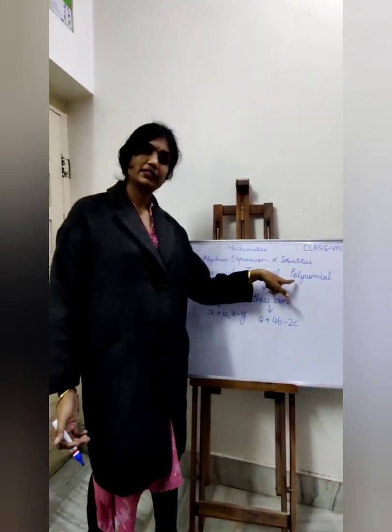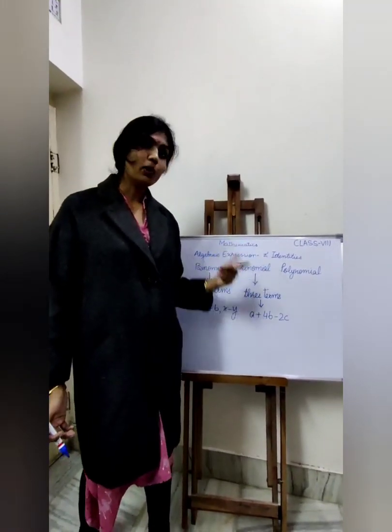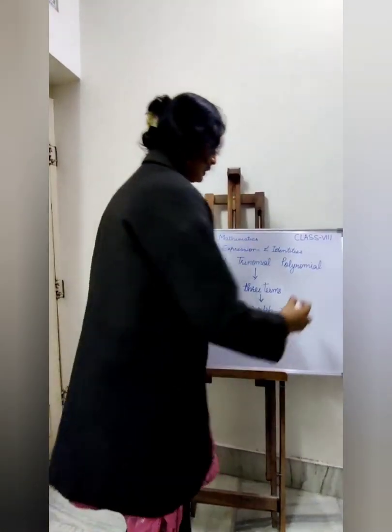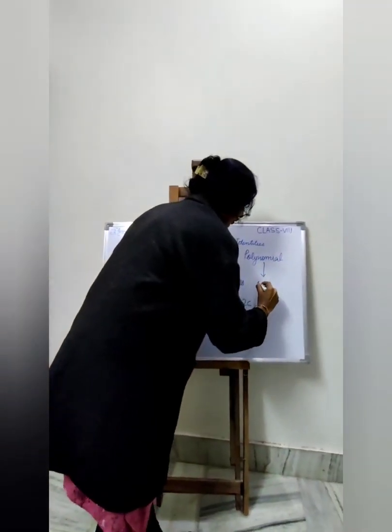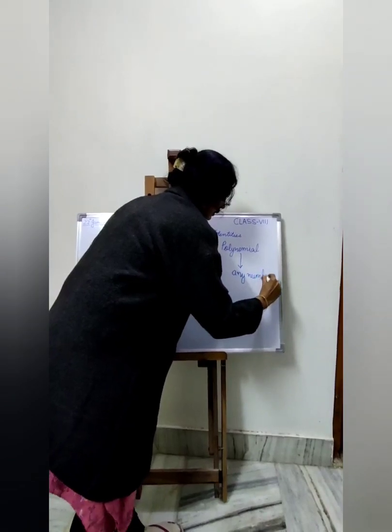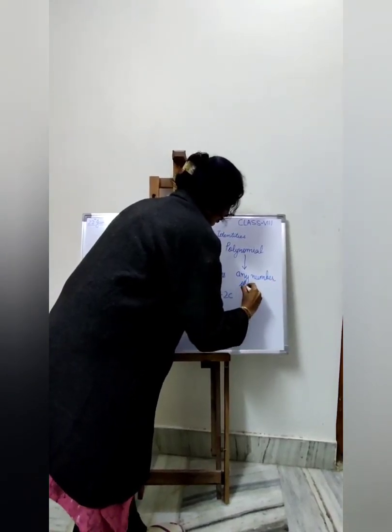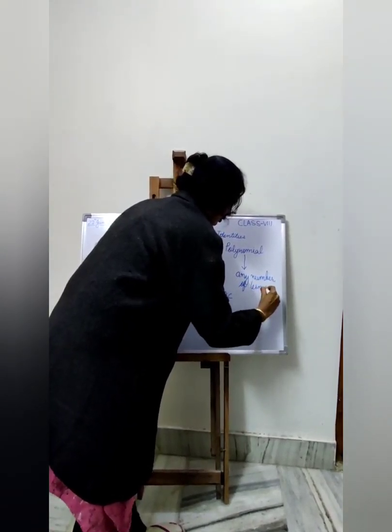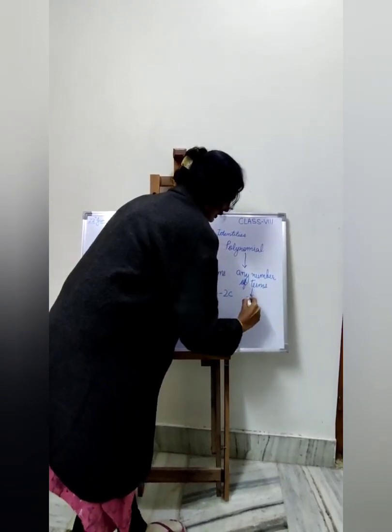And last we have the polynomial. Now what is a polynomial? Polynomial means it can have any number of terms.